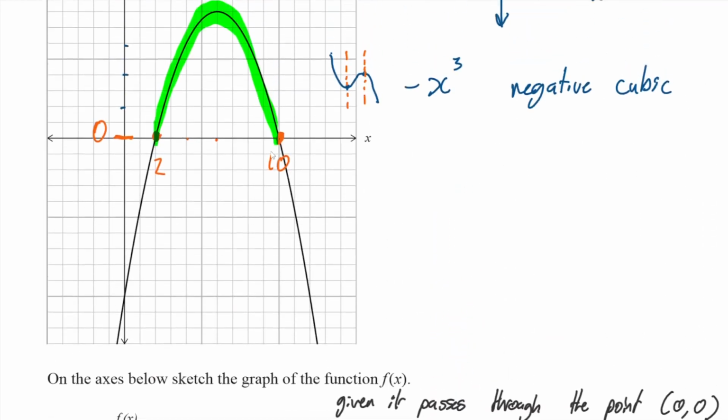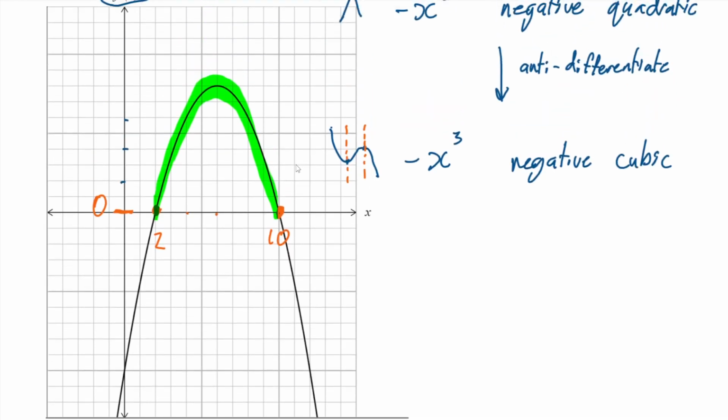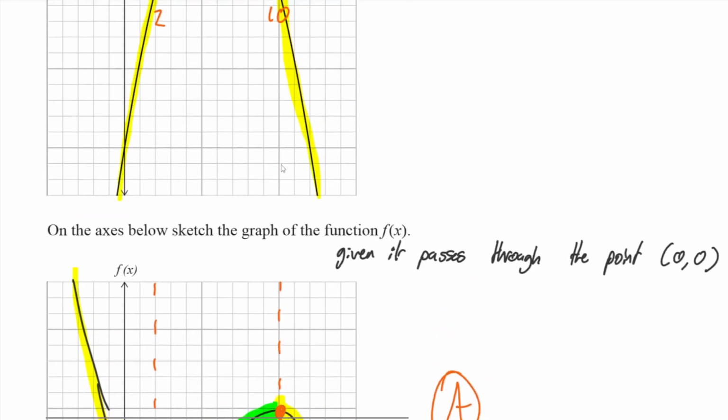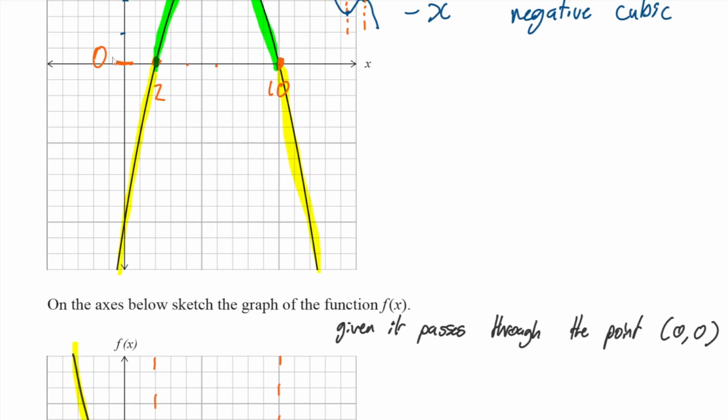However, outside of the x-intercepts, so before 2 and after 10, the y value of our gradient function is negative, which means the gradient of our original function should be negative, right? Which it is. And of course, the max and the min point have a gradient of 0, so they're in line with the x-intercepts.